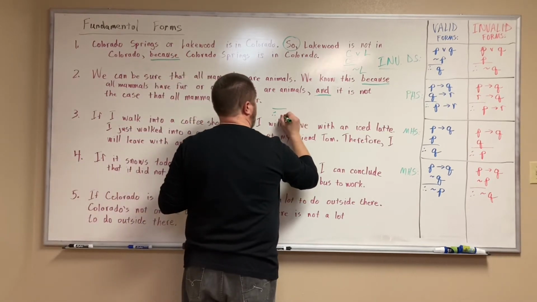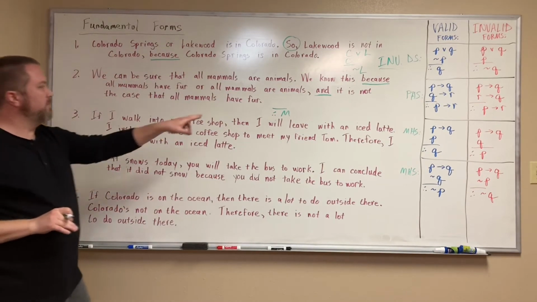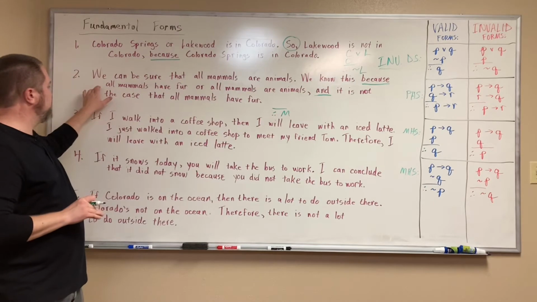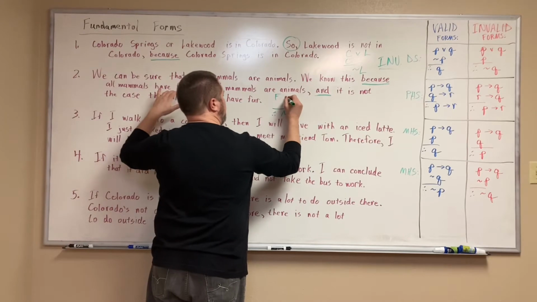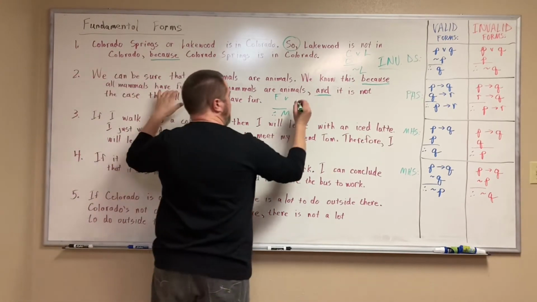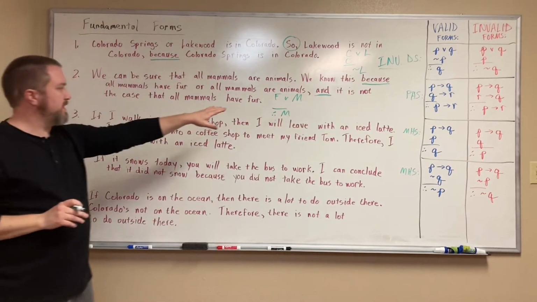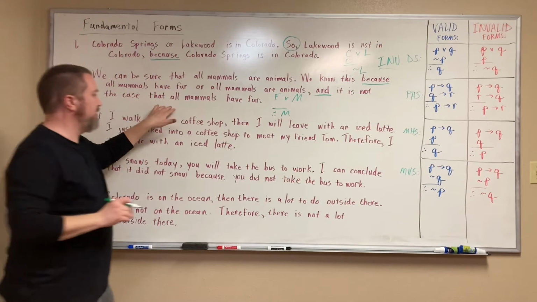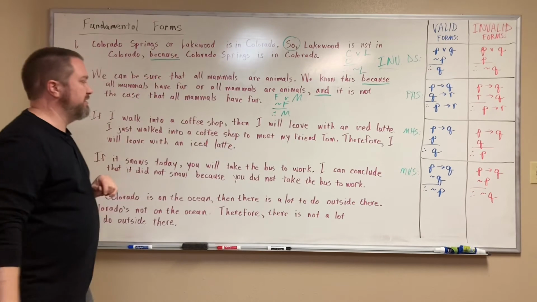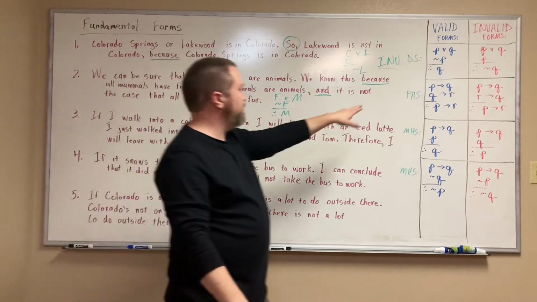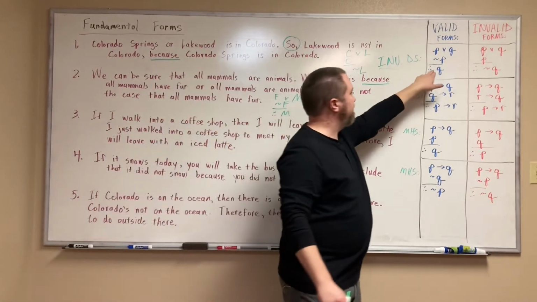So let's go with M for that. And we know this because, so the first premise is going to be all mammals have fur. Let's represent that with an F. Or all mammals are animals. We'll say M. And our second premise is going to be, it is not the case that all mammals have fur. So not F. This is another disjunctive syllogism, and it looks like we're denying one of the disjuncts and affirming the other disjunct.